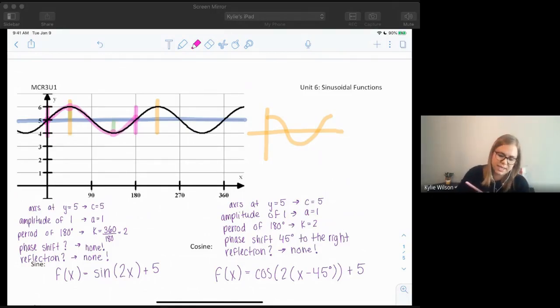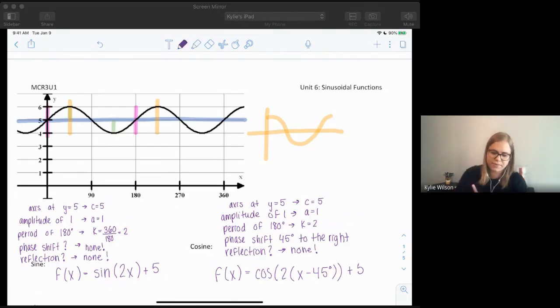Because that went from 0 to 180, the period is 180 degrees. Same deal with the cosine. The cosine starts here, goes down to its minimum, and back up, and that was also 180 degrees. So that's where that came from.